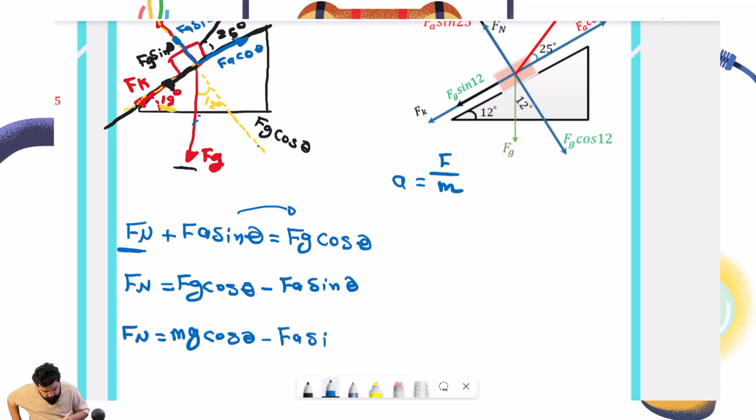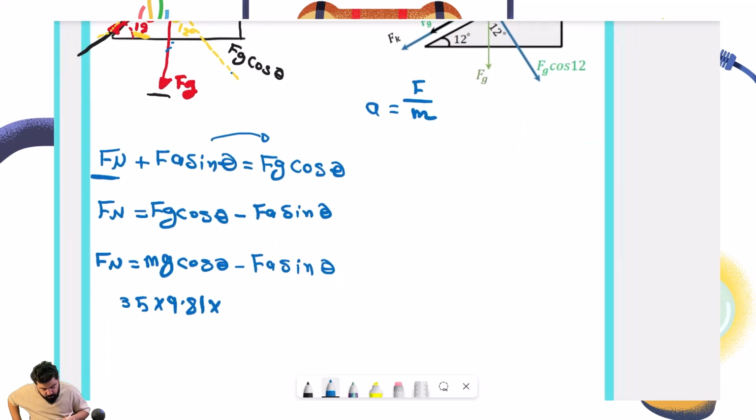Fa sine theta. M is equal to 35 times 9.81 times cosine, be careful, don't say 25, the angle that this makes with the y-axis, so cosine of 12, minus Fa, which is equal to 185 multiplied by the sine of 25. We're gonna get what? Fn is equal to 200.